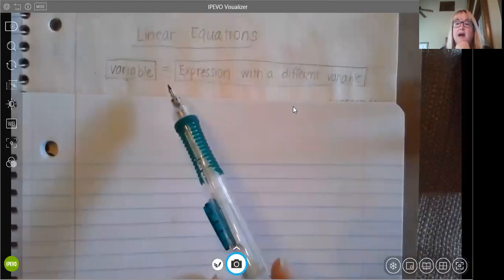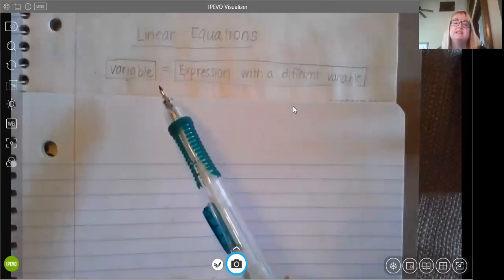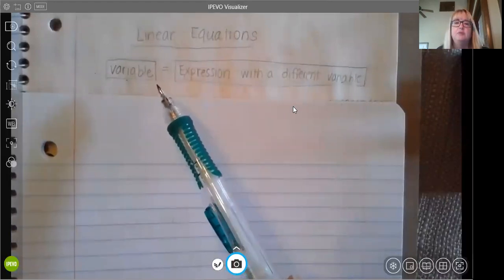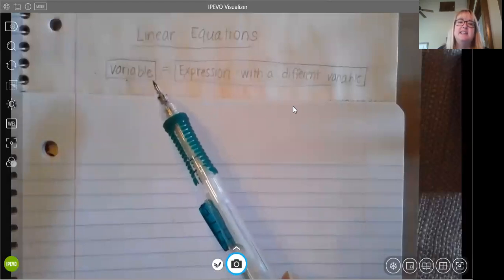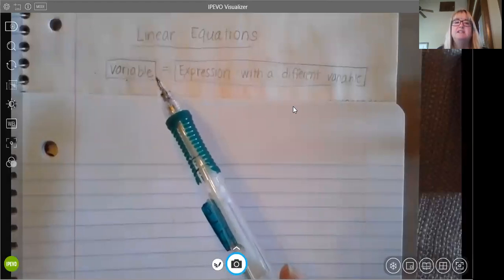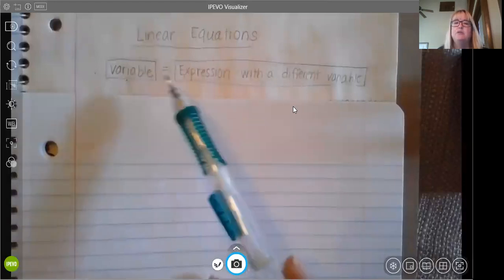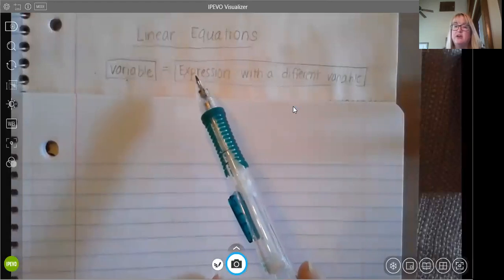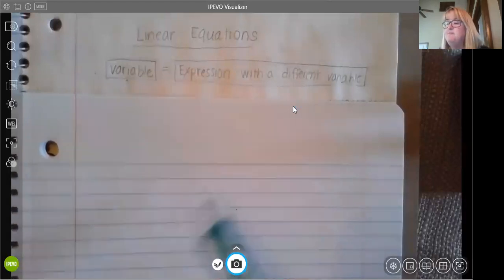It could be y equals 3x. It could be b equals 4a plus 1. It could be c equals 3d minus 7. But it's a variable by itself equal to some expression that has a different variable. So linear equations have two variables in them.